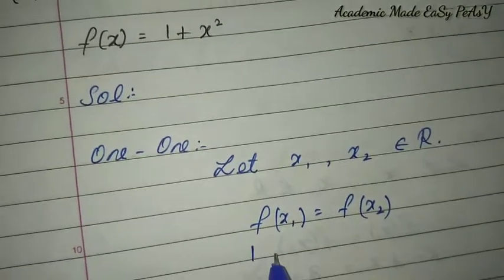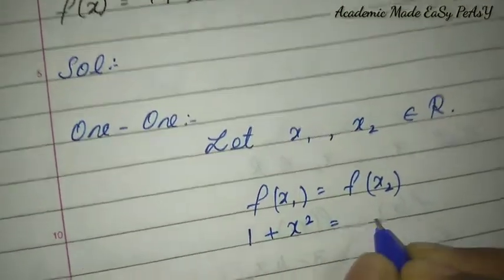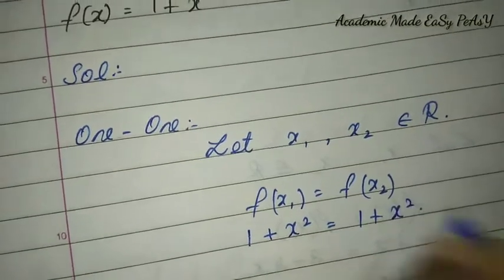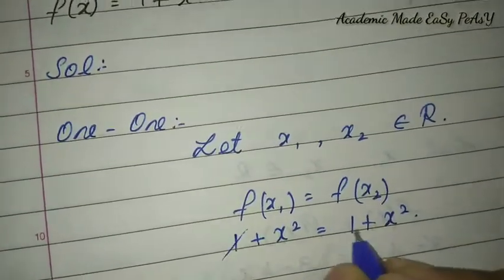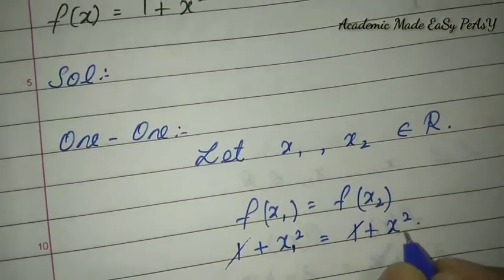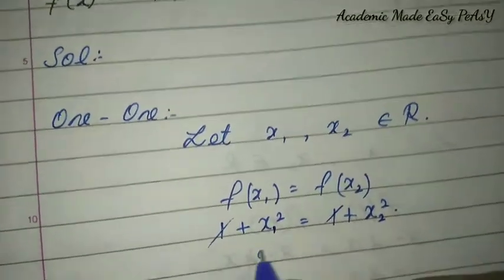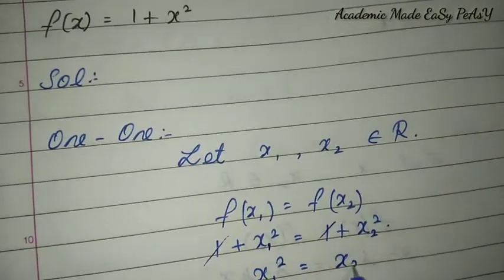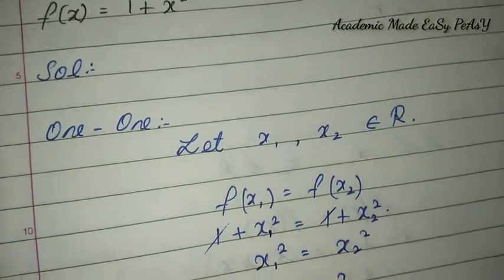So 1 plus x1 square is equal to 1 plus x2 square. So we can cancel 1 and 1. x1 square is equal to x2 square. x1 is equal to x2.